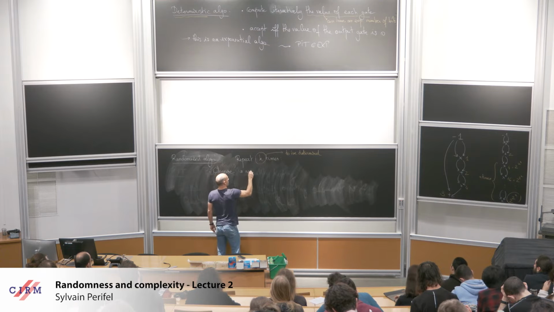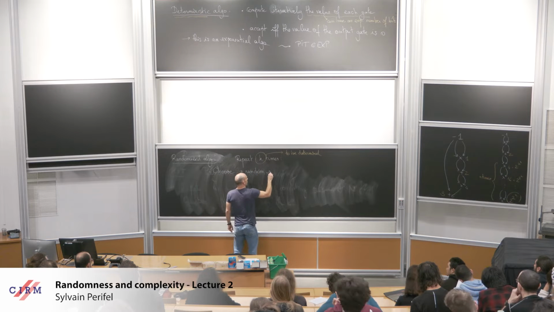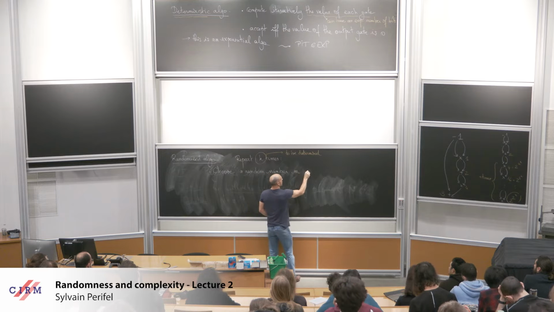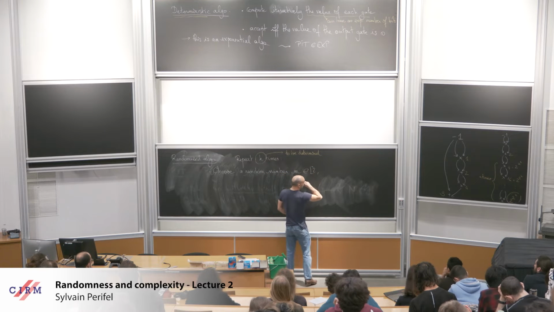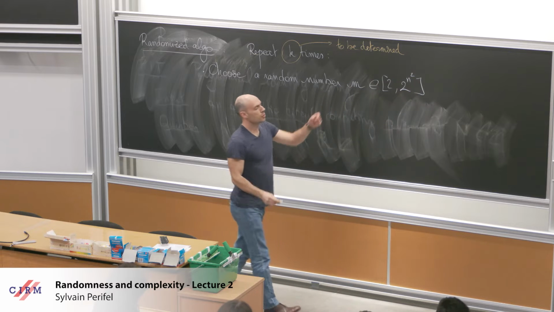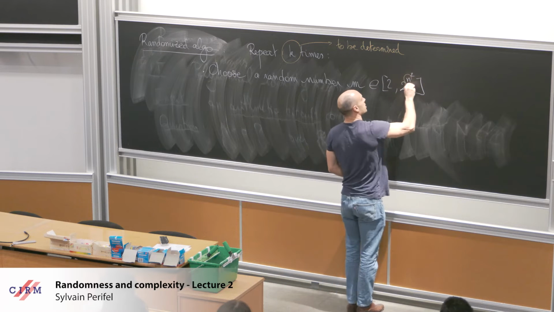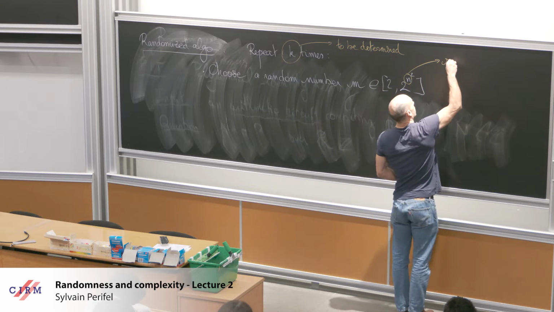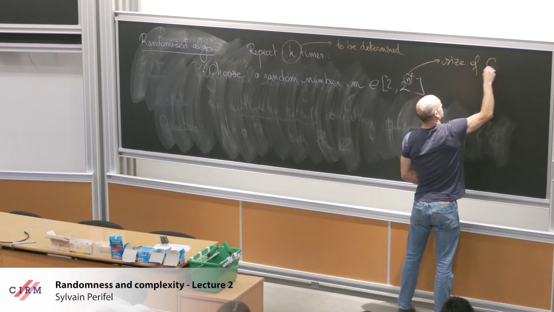So repeat k times: choose a random number m, for modulo, in, let's say, 2 to the n squared, it will be enough. Here n is the size of the circuit C, the number of gates in the circuit.